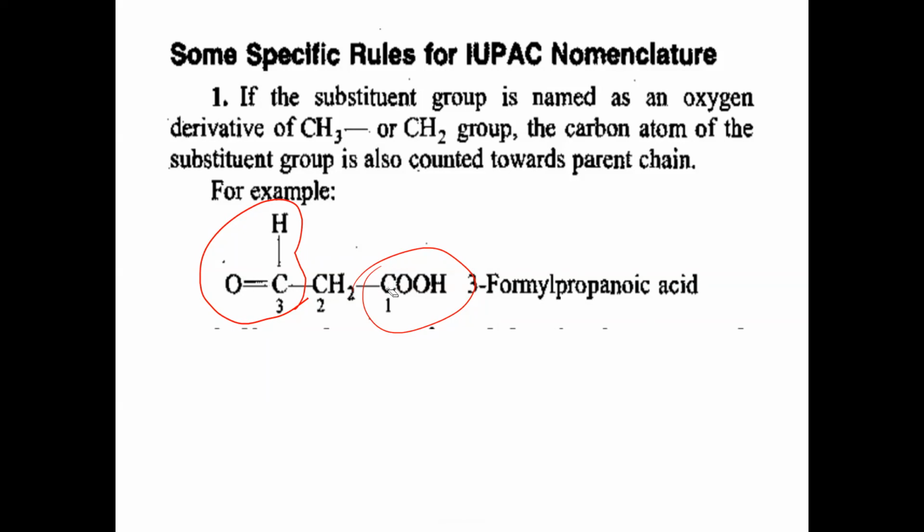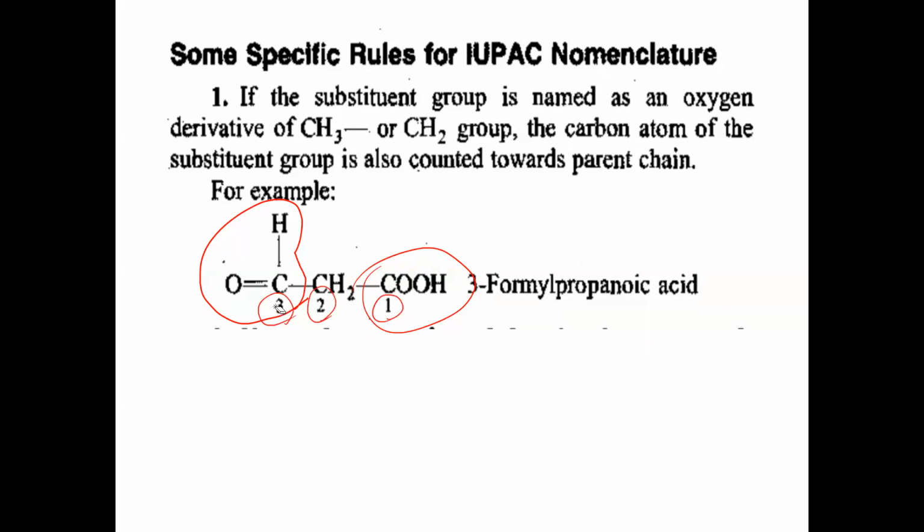When one end is a COOH carbon-containing functional group, which is called a chain terminating group, and the other end is also a chain terminating carbon-containing group which contains oxygen, then we have to give numbering starting from this carbon. That's why number one we start from COOH, because the COOH group is senior to this CHO aldehyde. That's why number one we started at this carbon, second carbon, and third carbon this one. First carbon, second carbon, third carbon.